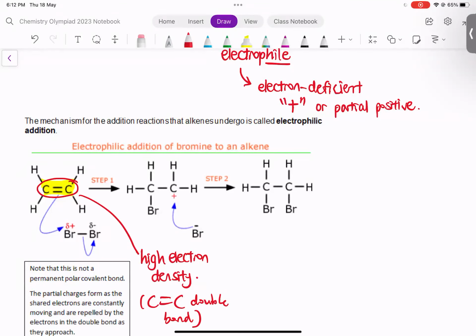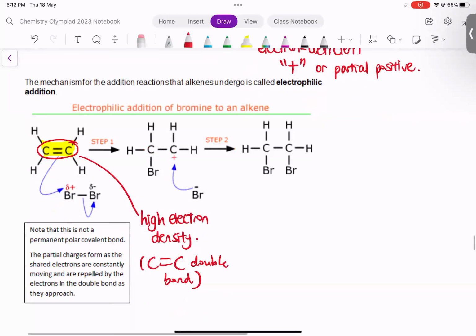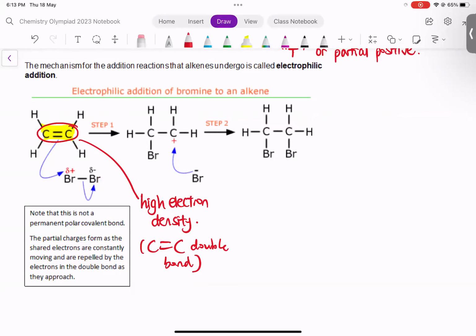So if the bromine goes towards the double bond, what happens? Now the bromine contains a covalent bond, it's Br2, a diatomic molecule. The shared electrons are not stationary, they are constantly moving. So why is there delta plus and delta minus? Remember we did this before. Delta plus means partial positive charge, delta minus, partial negative. The partial charges are formed because the shared electrons are moving.